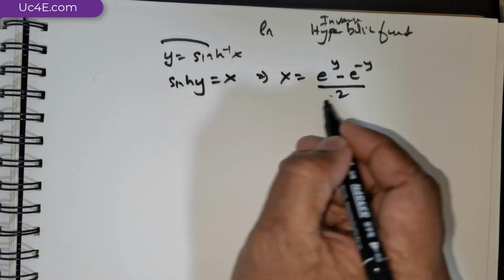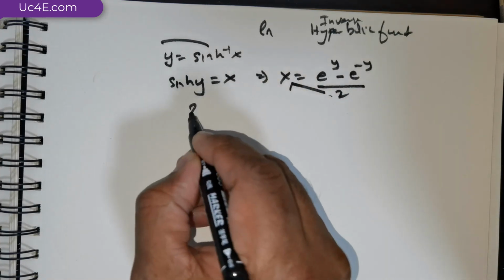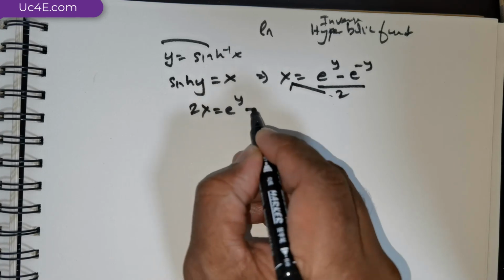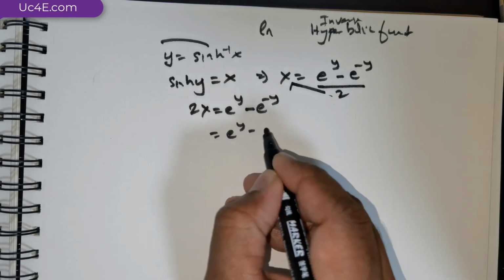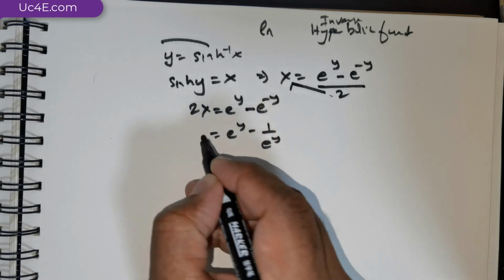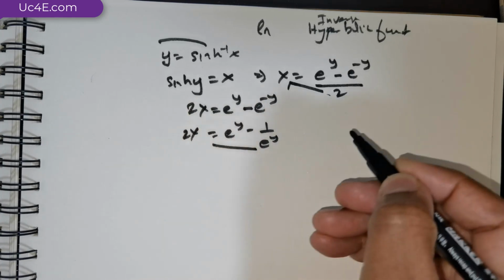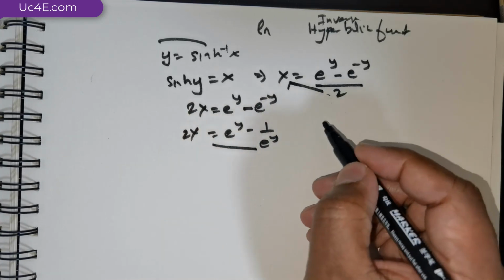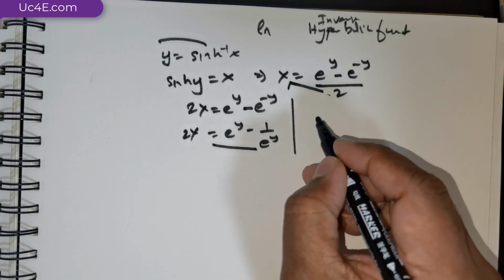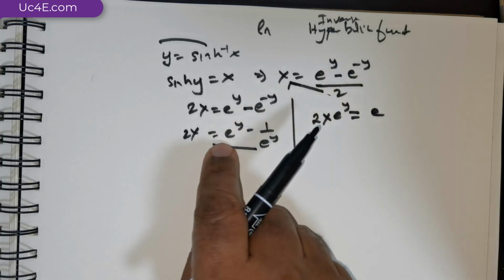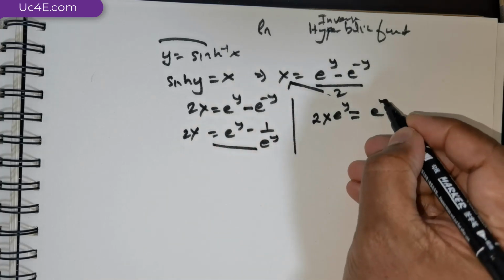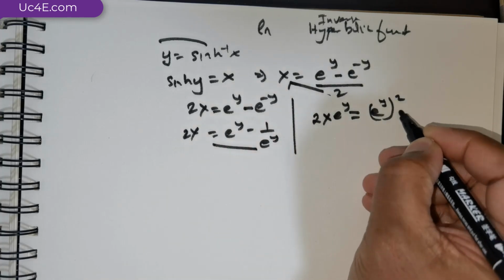Now cross multiply, if you cross multiply you get 2 times x is equal to e power y minus e power negative y. I can rewrite e power negative y as 1 over e power y, is equal to 2 times x. So you cross multiply. If you cross multiply you get 2 times x into e power y is equal to e power y into e power y. That's going to be e power y raised to the power of 2, minus 1.